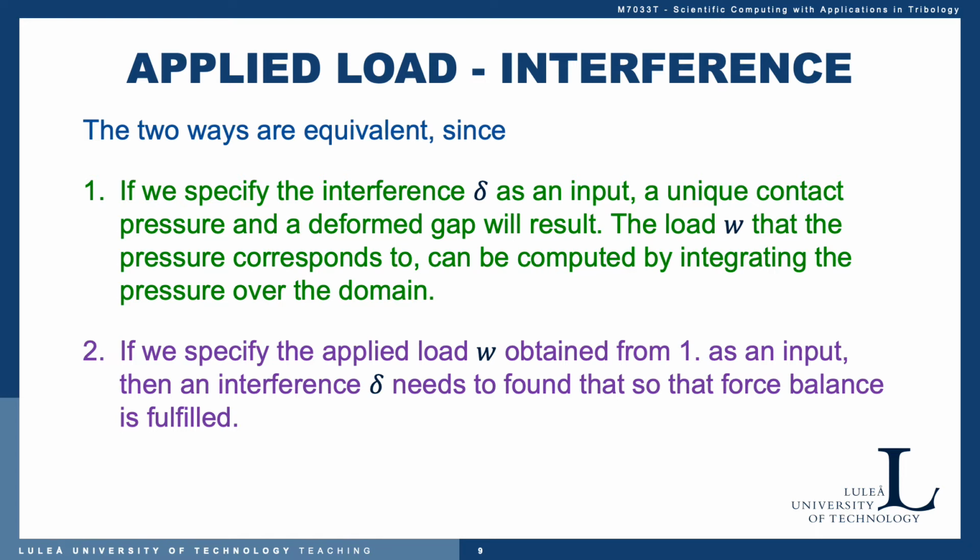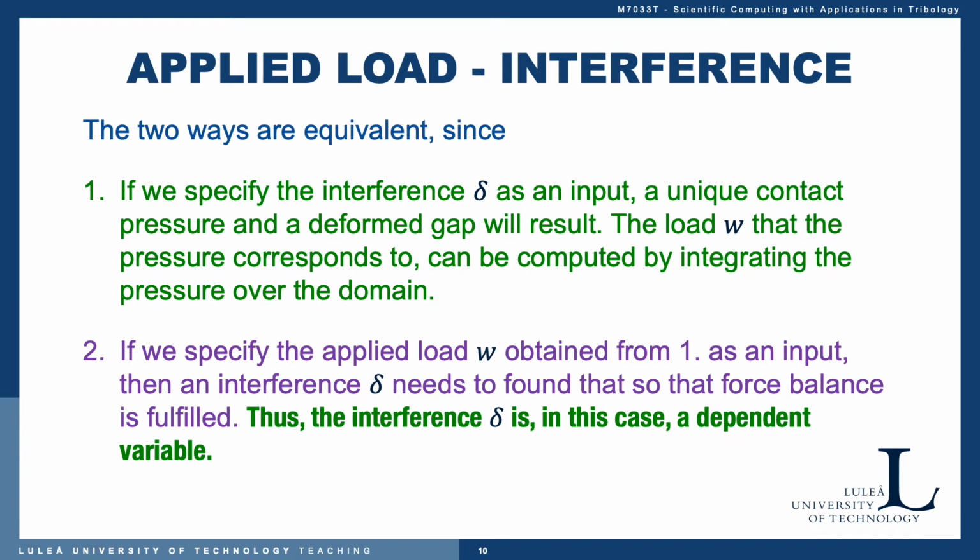Then, if we take the integral of the pressure that we just computed as the applied load, as an input, then we must find the interference delta, which would be precisely the input specified in the first round, so that the force balance will be fulfilled.